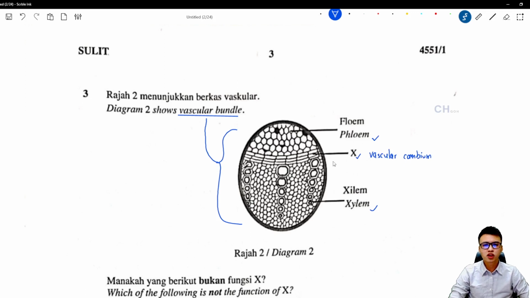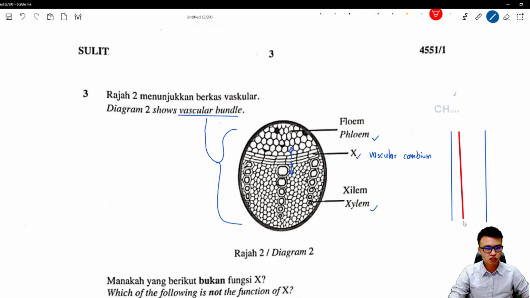What is the function of the vascular cambium? Looking at the diagram here, the vascular cambium can undergo cell division to produce more phloem cells and xylem tissue. Try to imagine the red line.